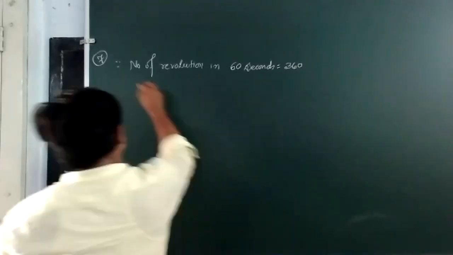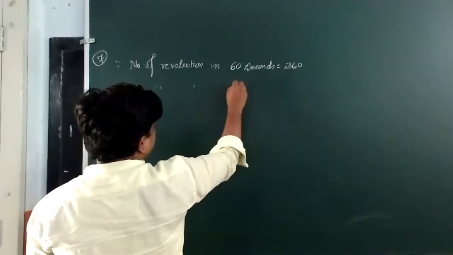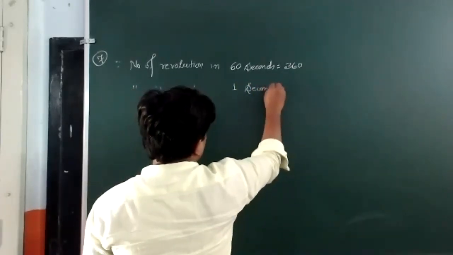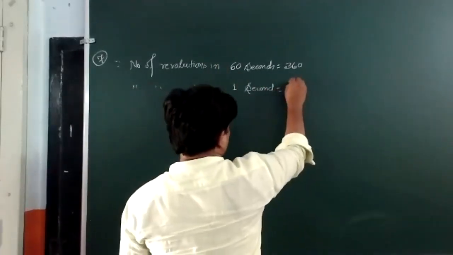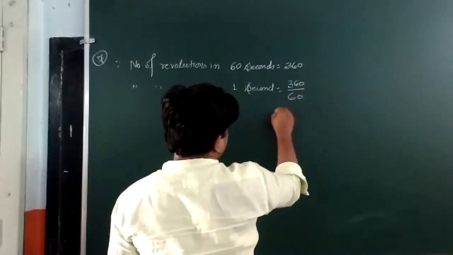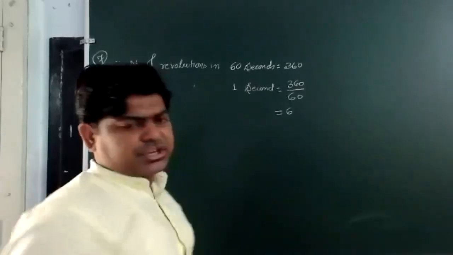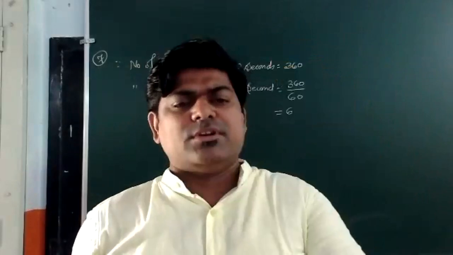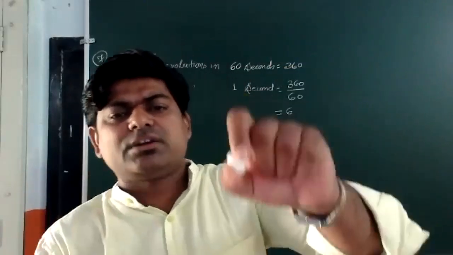The number of revolutions in 1 second is 360 upon 60, that is equal to 6. So we have 6 revolutions, and now the question is, in one revolution, how much will it turn?